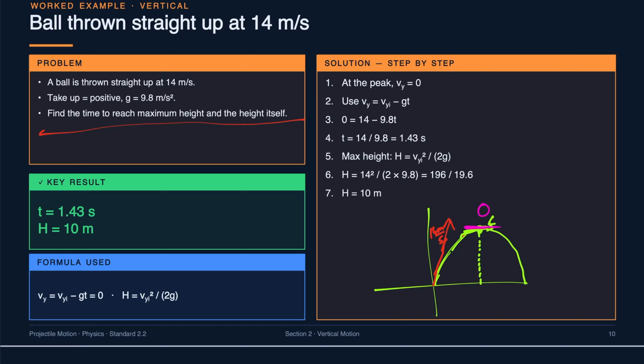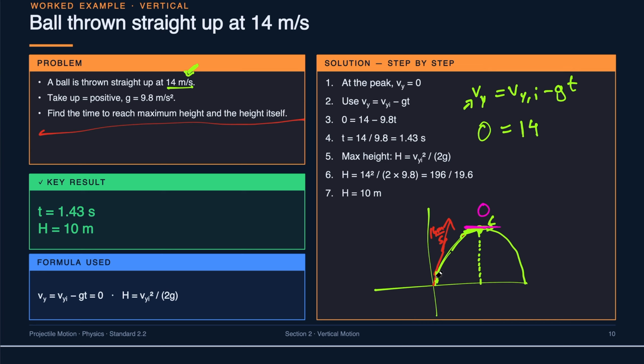Okay? Now we're going to use Vy is equal to Vi y initial minus gt. So we know Vy has to be what? 0, because I just showed you, right? It has to be 0 meters per second at this point. Vyi is 14. They didn't say at an angle, so we can just use 14 meters per second.